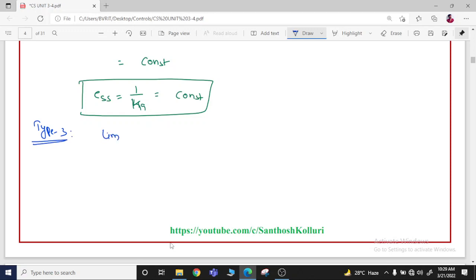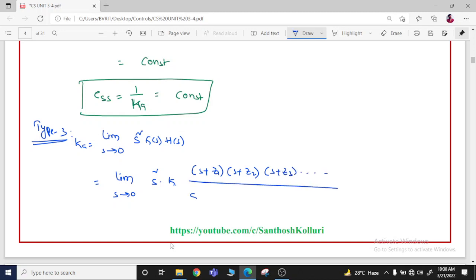Limit s tends to 0, this is the Ka value I am writing: s square of G(s) into H(s). Here limit s tends to 0 of s square into K into (s plus z1)(s plus z2)(s plus z3) and so on, divided by the type 3 system, so I am writing s to the power of 3 and (s plus p1)(s plus p2)(s plus p3) and so on.